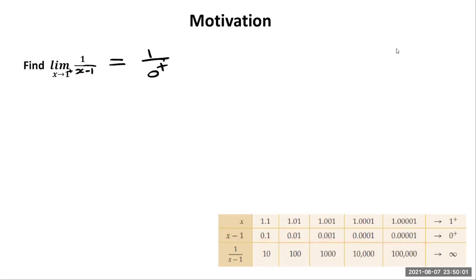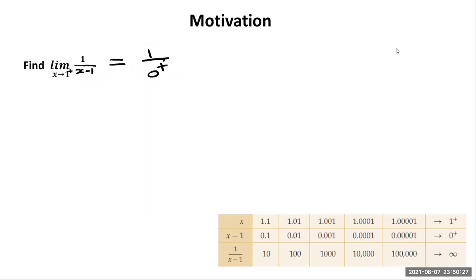That means as x approaches 1 from the positive side, the limit of this expression takes the form 1 over 0 plus. 0 plus means this quantity approaches 0 from the right-hand side. So the form of the limit of this expression is 1 over 0 plus.